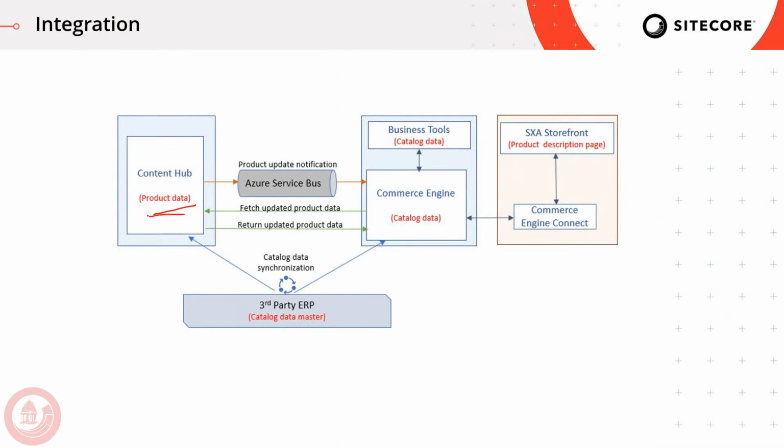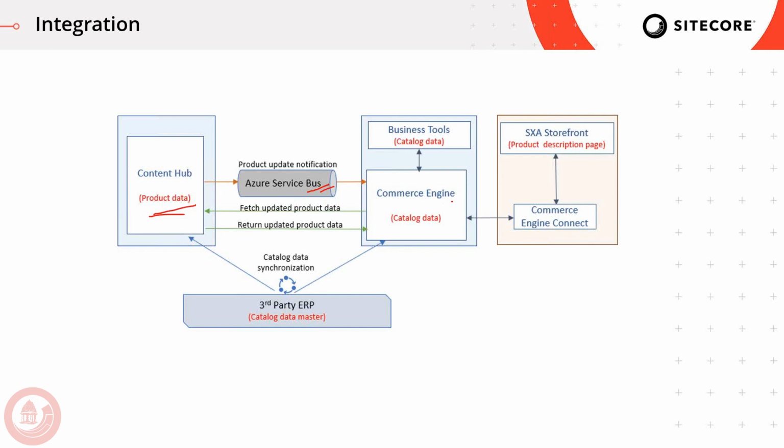We have the products, everything important to Content Hub. Then you need to integrate with other systems, assuming it's Sitecore Commerce. You can create your Azure resource. You can create your Azure Service Bus, and using the internal integration that we talked about, like defining triggers, defining actions, defining scripts, you can send messages to Azure Service Bus.